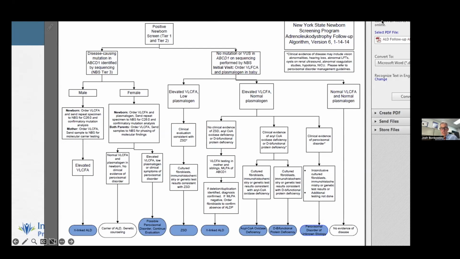Statistically, it's most likely to be ALD, because ALD is the most common of these peroxisome disorders. But we in other states have all had the experience of someone whose initial screen was positive and then turned out to be a different disorder or not to be anything, and that's been a little bit complicated.